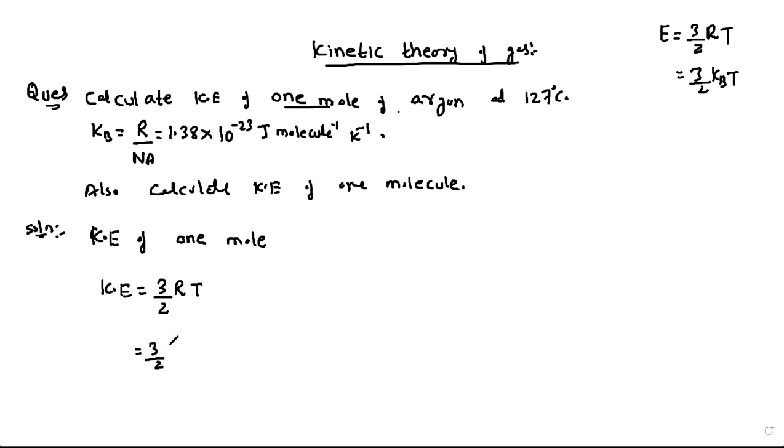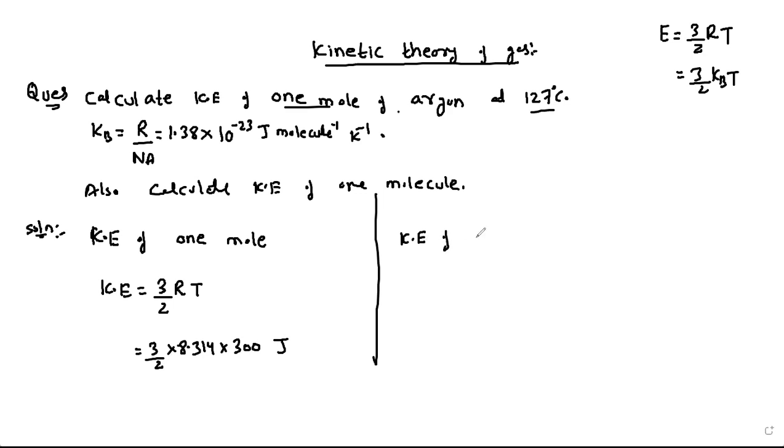The gas constant is 8.314. Temperature is 127 degrees Celsius, so in Kelvin this will be 300. Always keep your temperature in Kelvin. So this much joule is the kinetic energy of 1 mole.